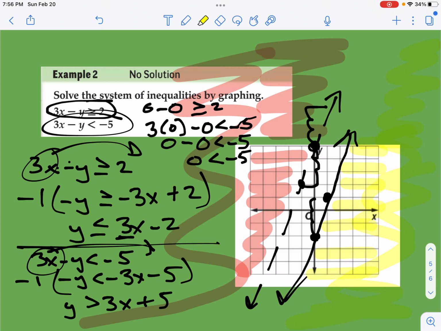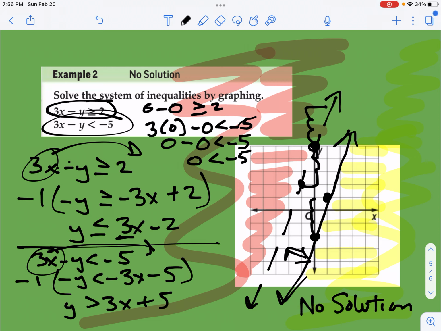There's always going to be this area between them, this like no man's land, where they never touch because these are two parallel lines. So if you get that, and boy, I sure made a mess of this screen, the answer to this is the good old no solution.